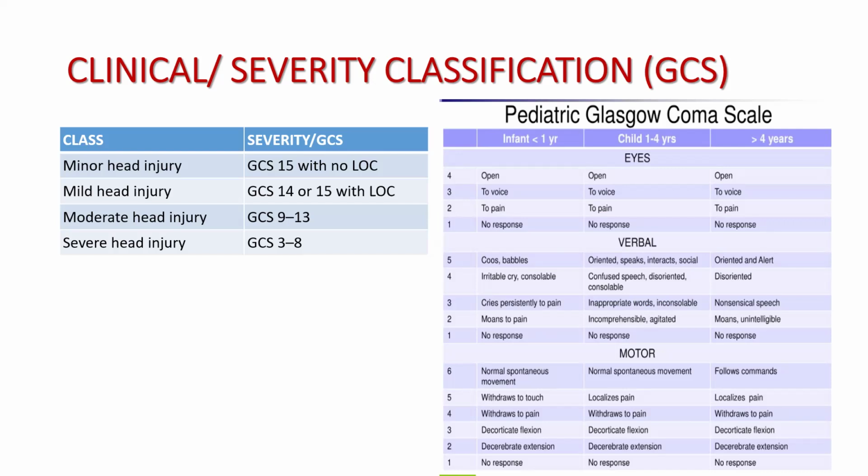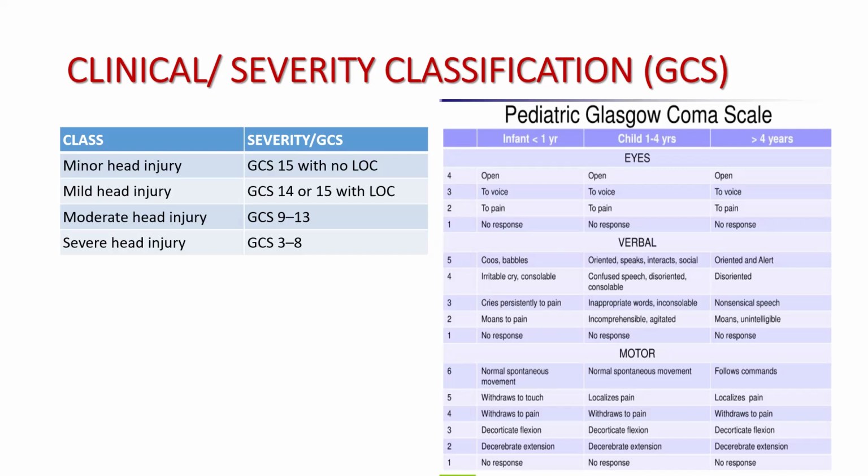They get a 5 if they are giving confused speech, disoriented, but they are consolable. That is for a 4. For a 3, they are giving inappropriate words and they are inconsolable, and they get a 2 if they are using incomprehensible words and they are agitated, and they get a 1 if they have no response.